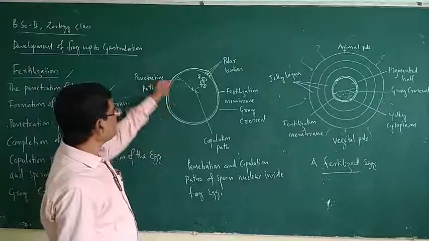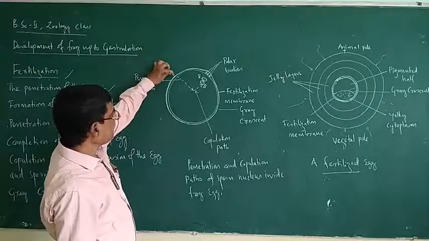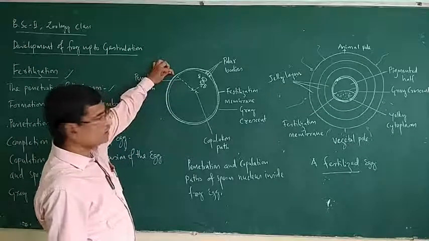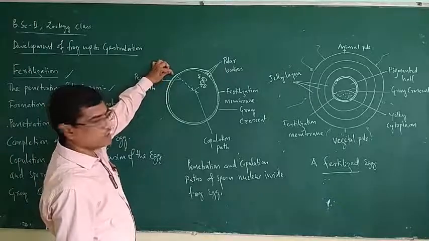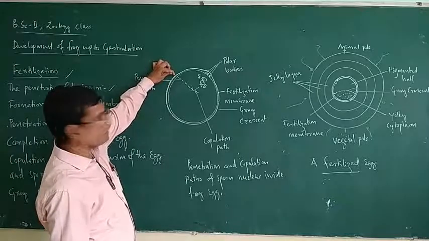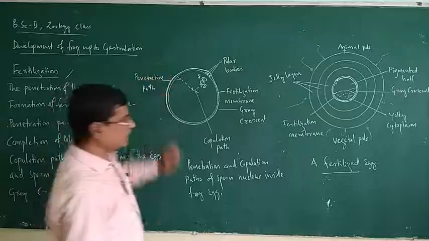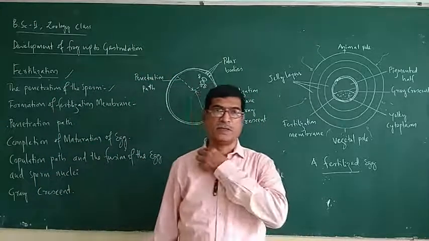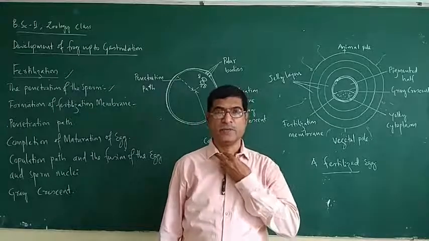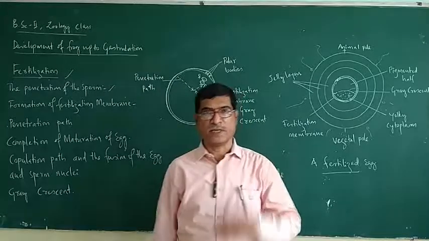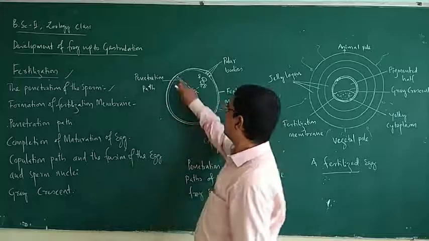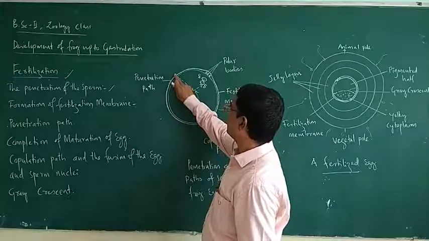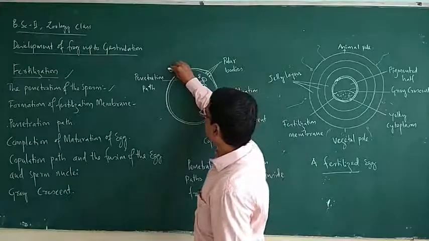Okay? Now look here. The sperm is penetrating. First it passes through the jelly membranes. At this region what happens? The Wittlein membrane, I told you, is laid by the ovary over the surface of the egg. Suppose the sperm is entering here.